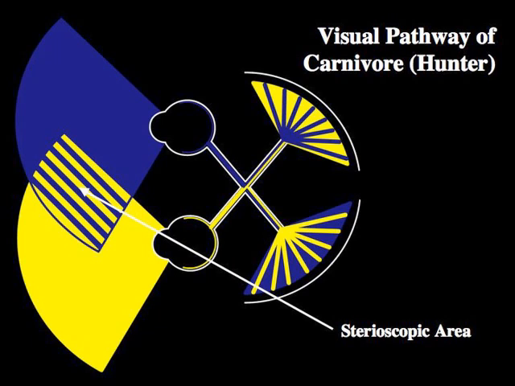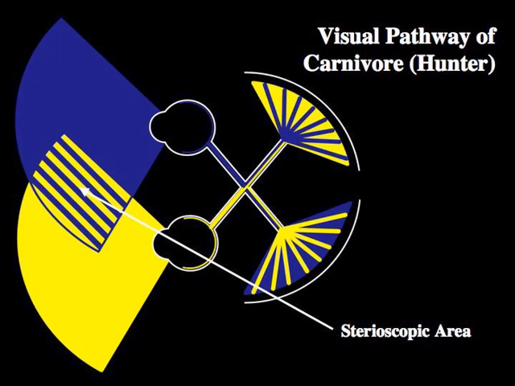So the system that's built here preserves the left optic field on the right and the right optic field on the left. And what happens is neurons that are dealing with information in the left optic field, whether they be in the left eye or the right eye, end up in the right cortex.